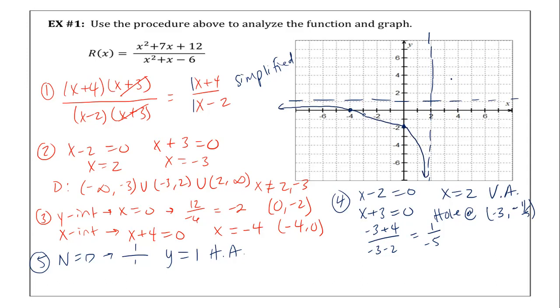On this side, you're going to put in a value to estimate where it's at, or just follow the curve. So I'm going to plug in 4. 4 plus 4 is 8, 4 minus 2 is 2, and 8 divided by 2 is 4. So I know that 4 has to go through that, and there's my function.